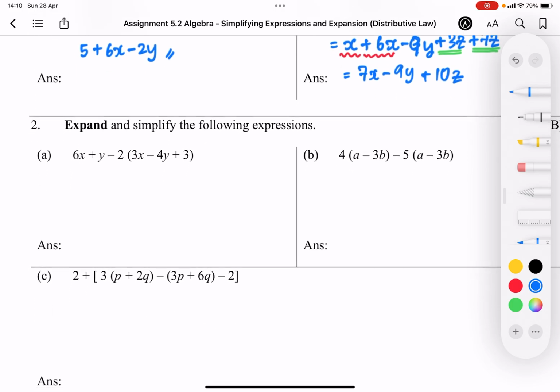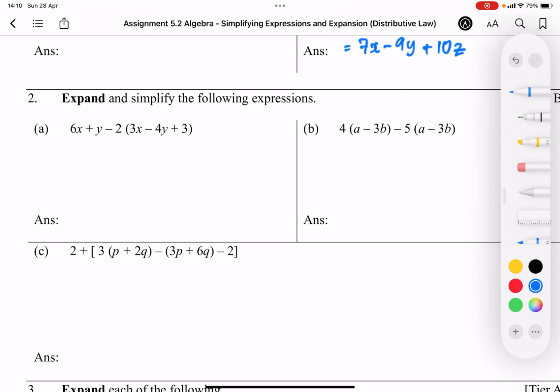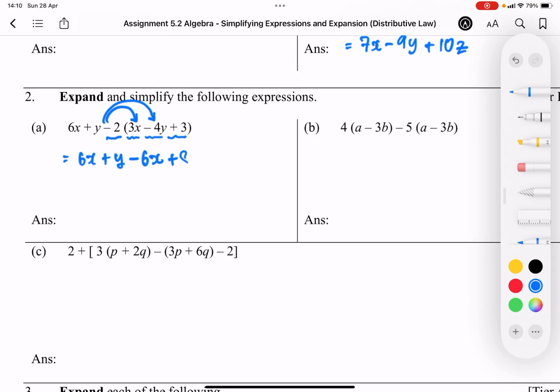Next, here we have to expand this. Similarly, negative 2 is going to be multiplied to all the terms in the bracket. So we get 6x plus y. Negative 2 times positive 3x will give negative 6x. Negative 2 times negative 4y will give positive 8y.